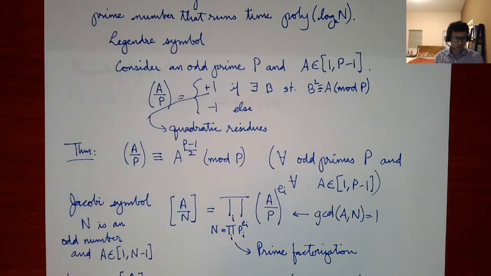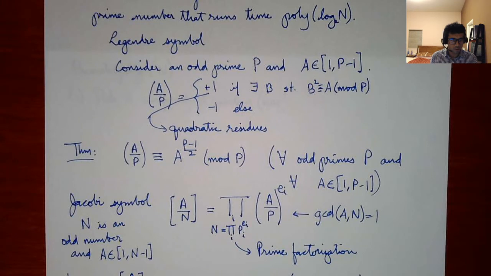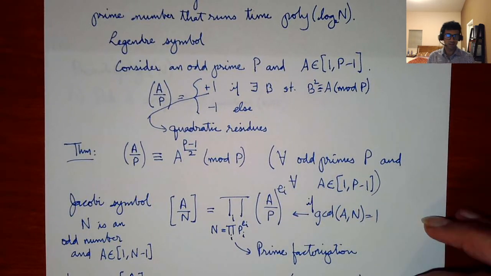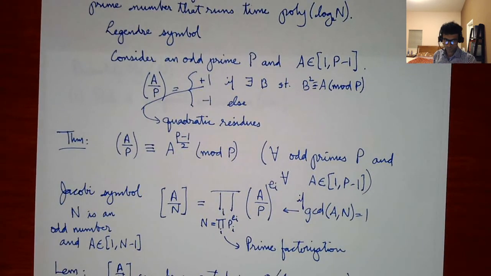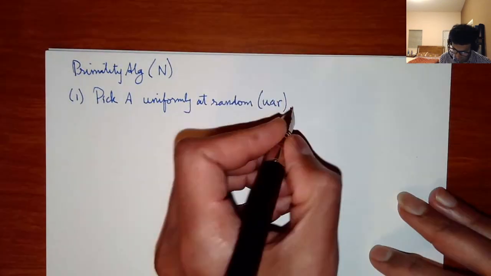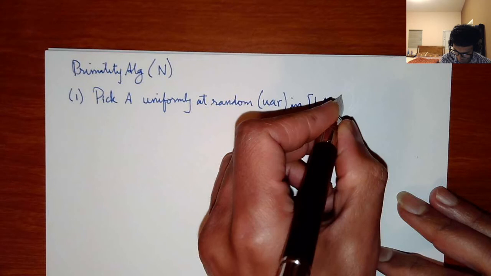If A and n are not coprime, then the symbol is usually defined as 0. But if you find an A that is not coprime with n, then you know that n is composite. So this is only defined if the GCD is 1. I should have clarified that. So pick A uniformly at random in 1 to n minus 1.